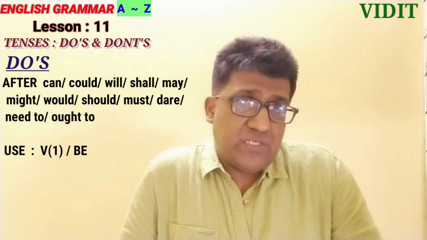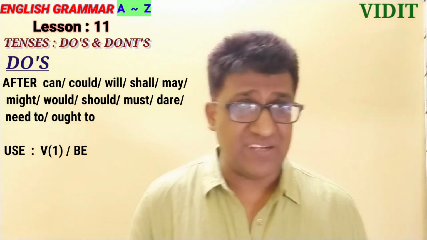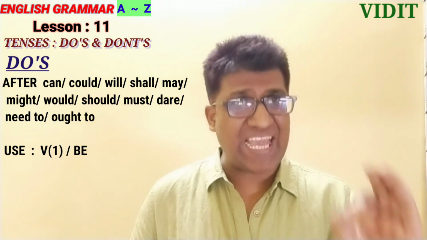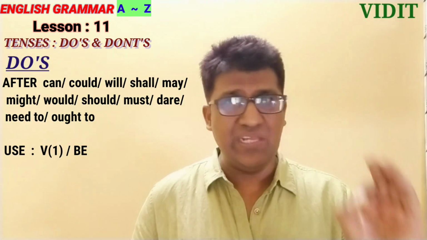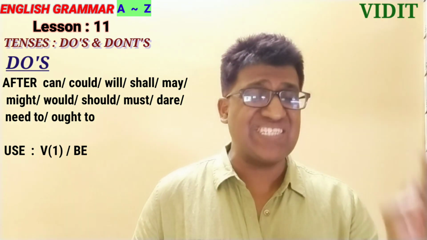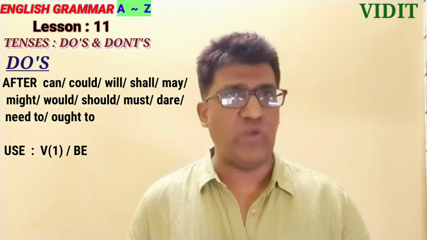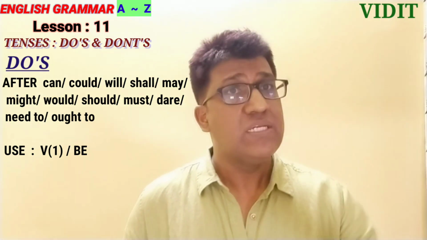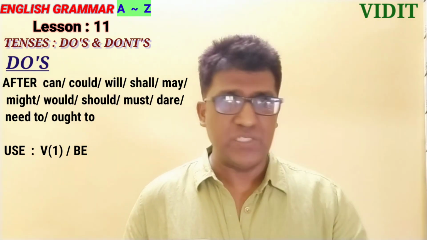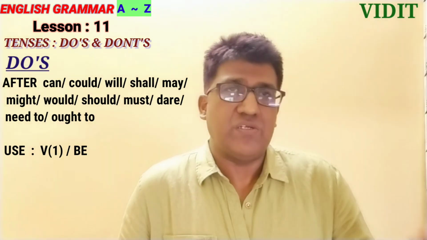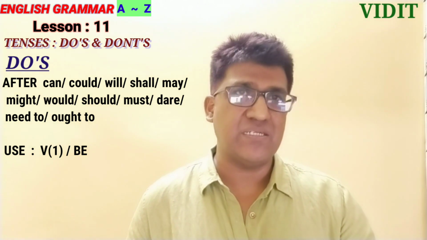A few others may be there. But remember, after can, could, may, might, will, shall, would, should, must, dare, need, ought to, used to, there is always the first form of the verb or be. When the verb is not there, and we are having an adjective or noun, we are supposed to use be.